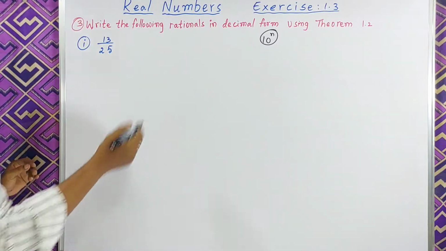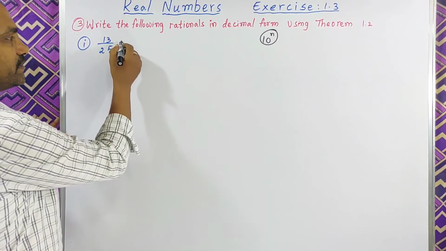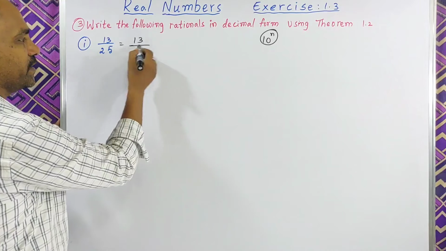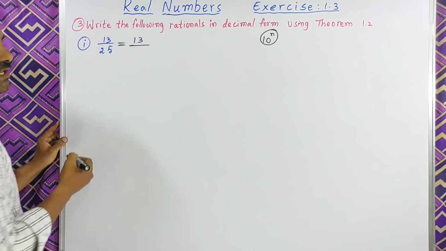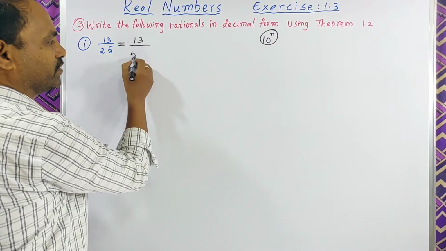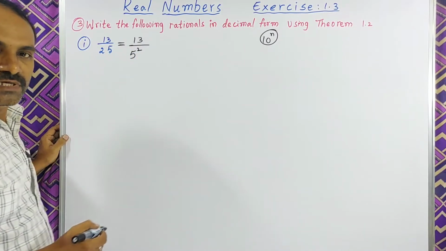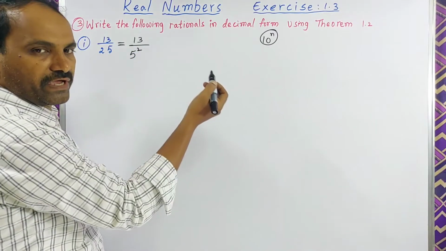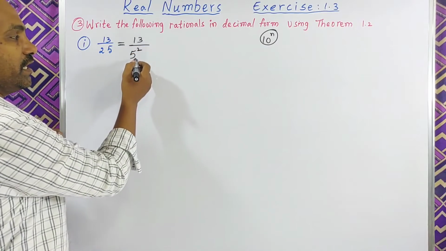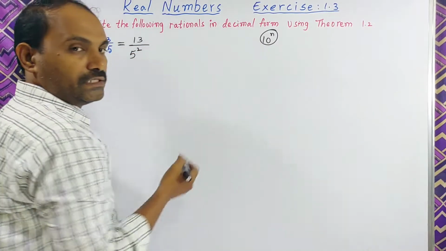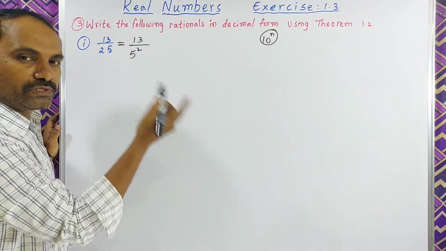Then after that, the decimal form. First, here 13 by 25. How can we write 25? 5 square. 25 means 5 into 5. So here, how can we get 10? 5 into 2 is 10.